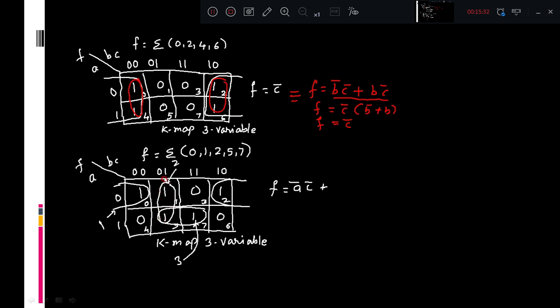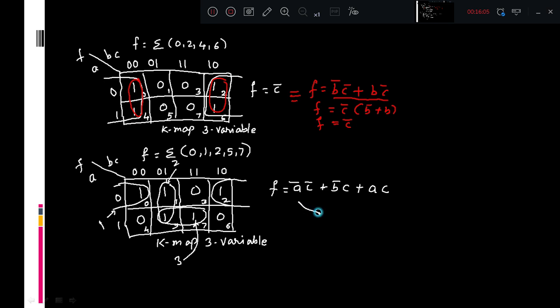In the second grouping, A is changing from 0 to 1 vertically, so A can be ignored, and we write the term B bar C. Again here, for the third grouping, A remains the same, C also remains the same, and B is changing from 0 to 1, so I can write it as A and C. So we get this as a simplified expression.